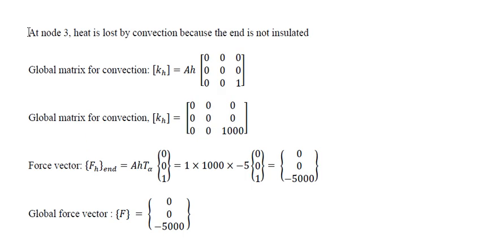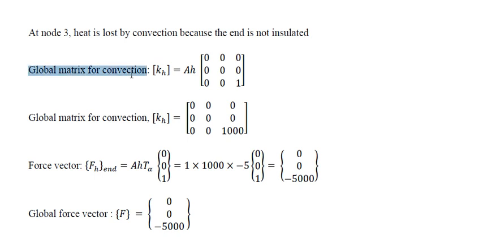Now at node 3, heat is lost by convection because the end is not insulated, which means in the problem it is given that the right end is having free end convection. Node 3 is at the right hand. Therefore we have to write the convection matrix.